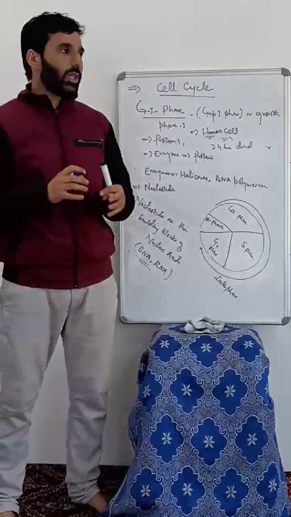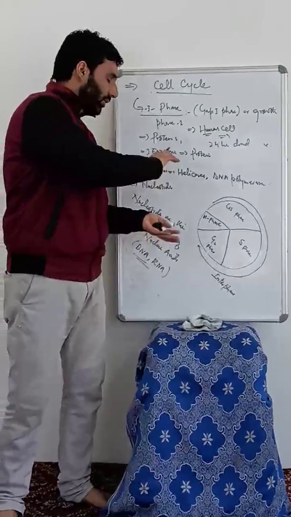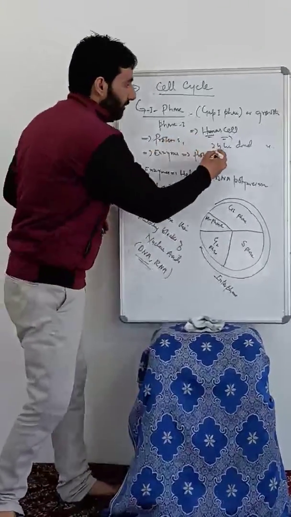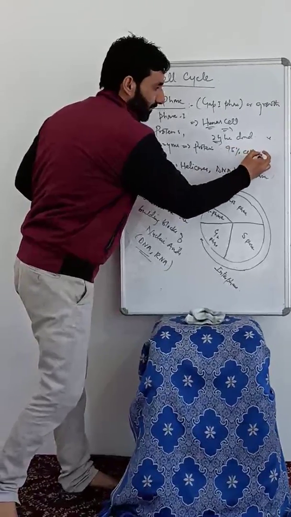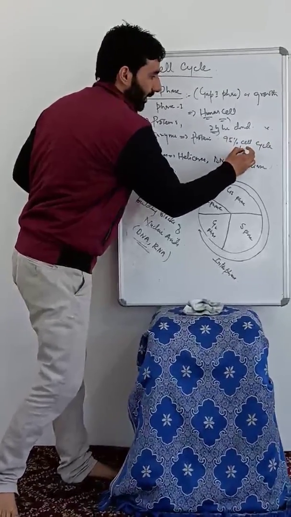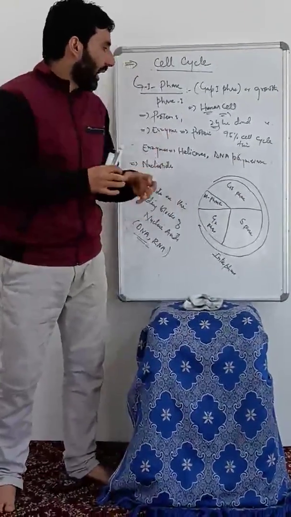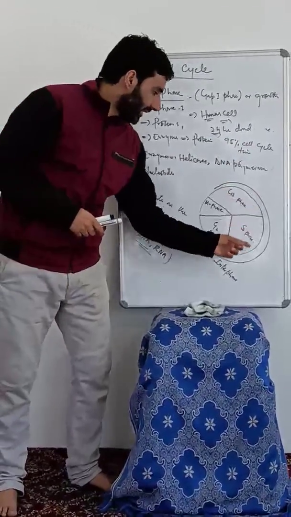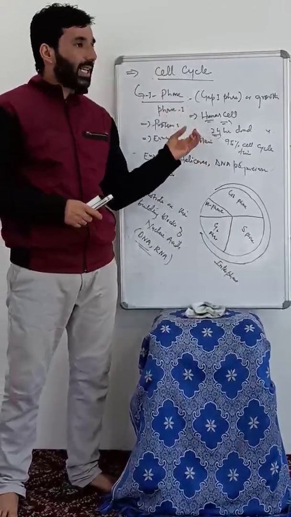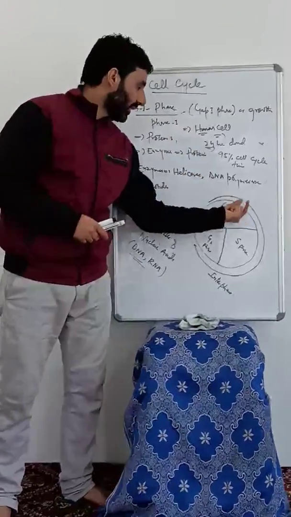It takes approximately 24 hours to divide and to complete the cell cycle. For this purpose, 95% of the cell cycle time is consumed in the interphase. That means most of the time which the cell takes is utilized in the interphase.